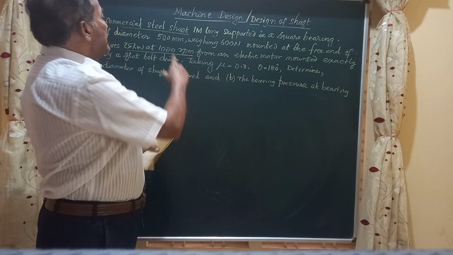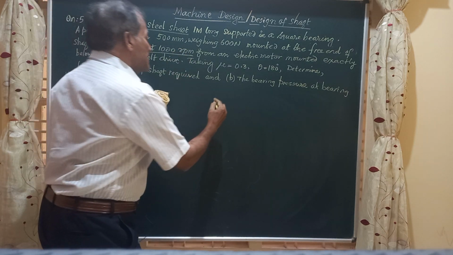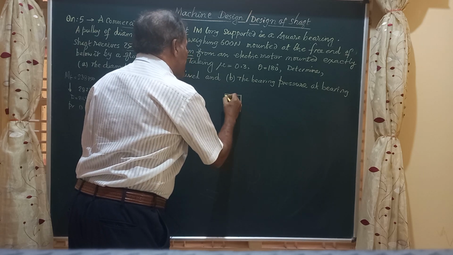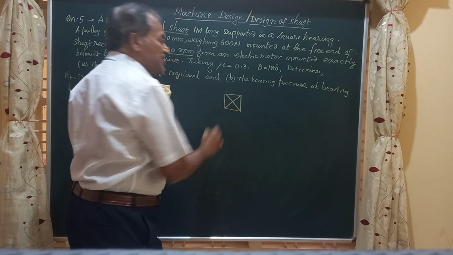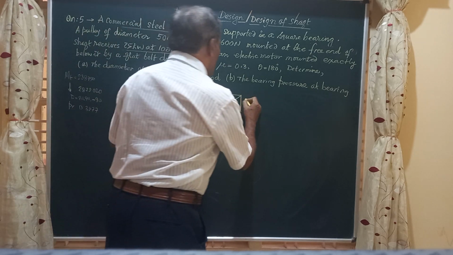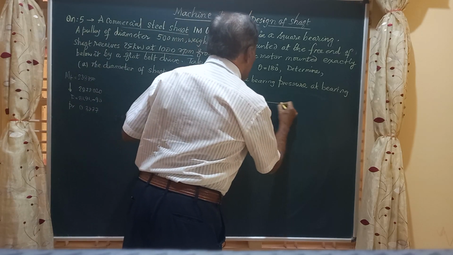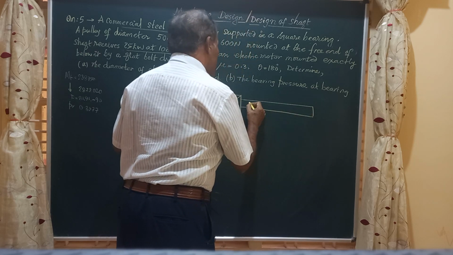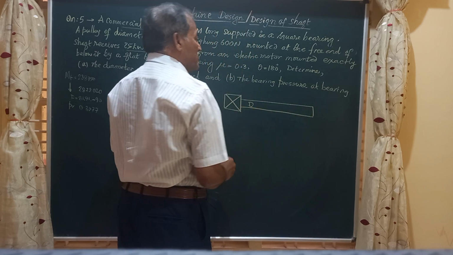Friends, by reading this question, you can understand that the shaft is supported in a bearing, and this is the notation we generally use for a bearing. And here, this is supporting a shaft of diameter d, which we are interested to find out.